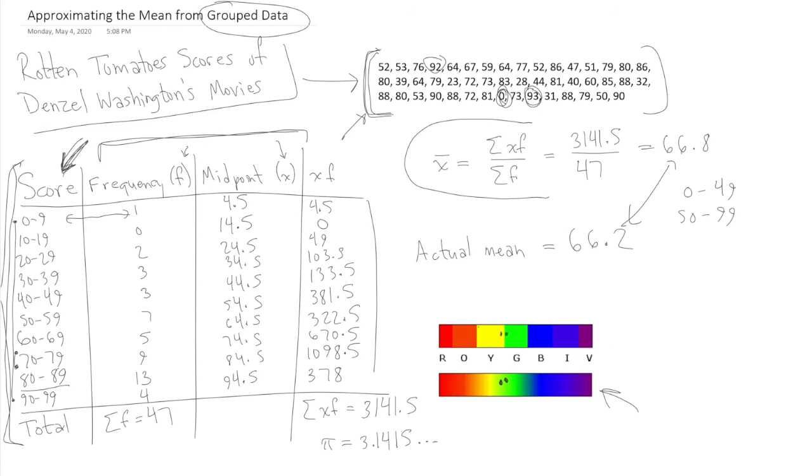It'd be sort of like splitting the visible light spectrum into just things left of green and things right of green. It wouldn't give me that much information. So you do need to choose a bin size that makes sense. Small enough that you're not losing too much information, but big enough that there's a point in doing it. You don't want to have a separate bin for every number because then you might just use discrete numbers instead.